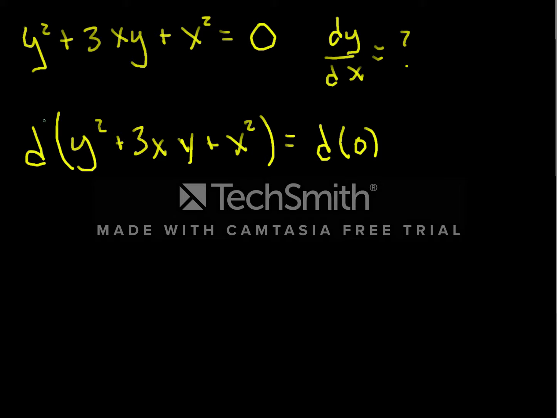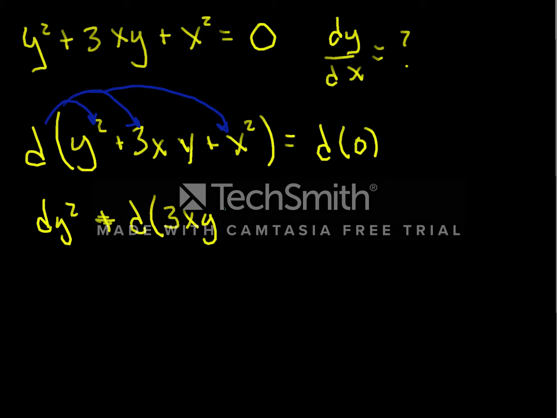So the left-hand side is the differential of y squared plus the differential of 3xy plus the differential of x squared, and it's equal to the differential of 0, which is 0.